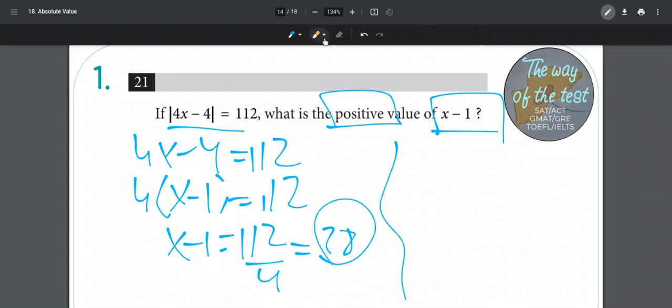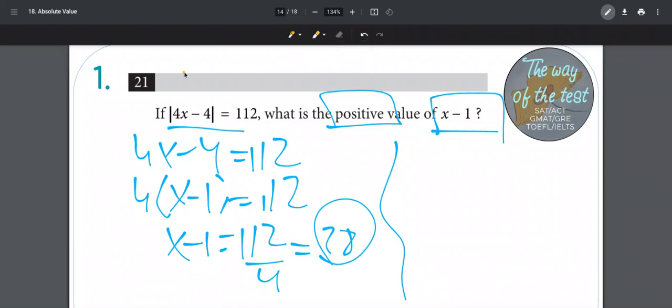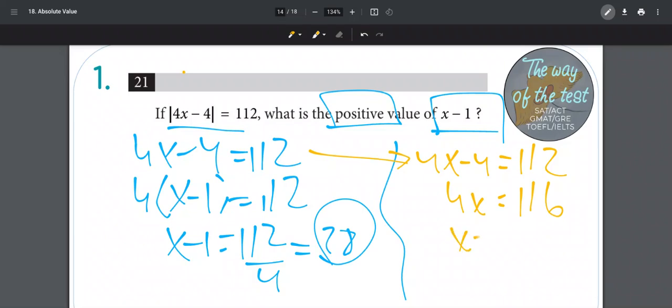Now, let's say I didn't quite get how you factorize. You're going to say, I don't understand the factorization. Don't worry, you can still solve it with a regular equation. So we're here, right? 4x minus 4 is equal to 112. So 4x is equal to 116. So x is equal to 116 divided by 4, which is equal to 29.